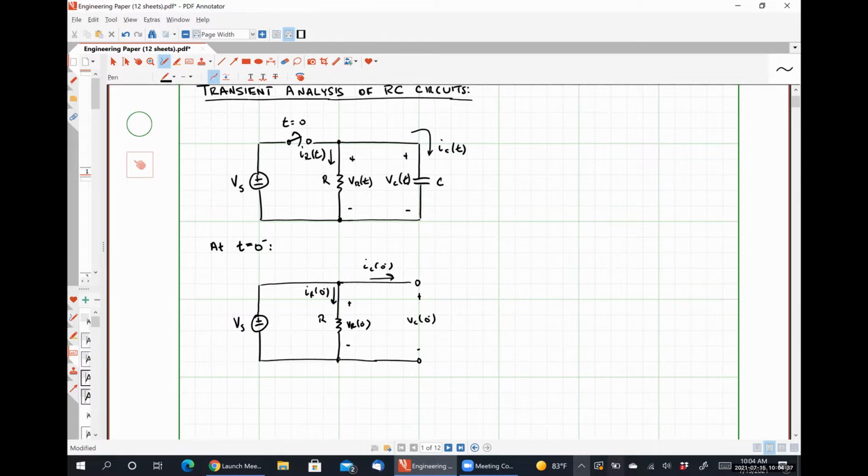And so what this means is that our capacitor has some amount of energy stored within it up until the point that the switch opens up. Once the switch opens and the voltage source Vs is removed, so we could call that at t greater than 0 plus, our circuit is going to look like this.